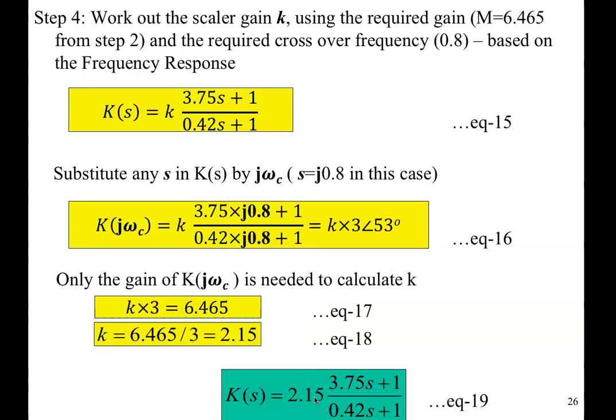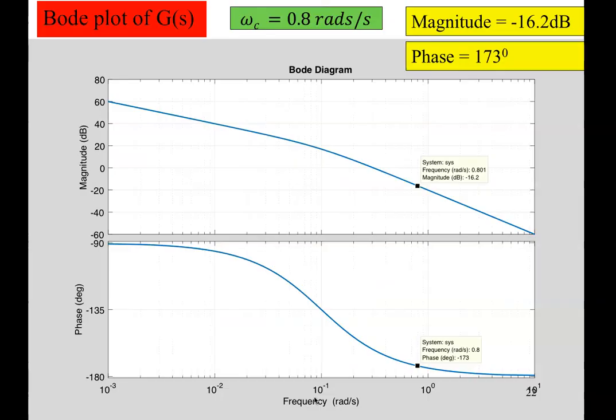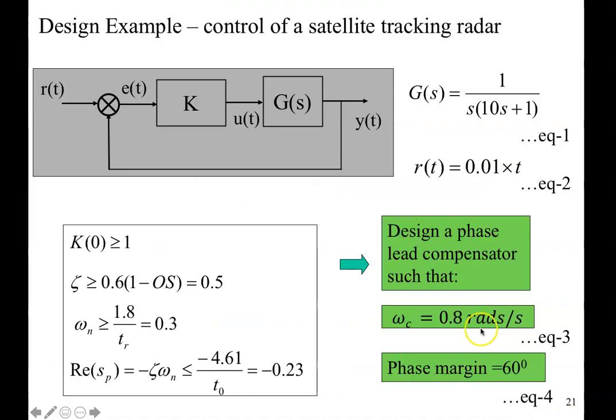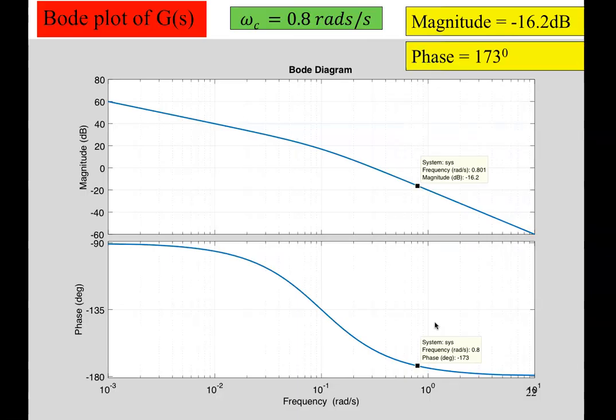That's all 3 parameters determined. Just to recap what we've done. We have a set of requirements. Actually we have only 2 requirements. We want the crossover frequency to be at 0.8. We want a phase margin of 60 degrees. So the first thing you do, step number 1, you go to the Bode plot of G(s), and you go to the design frequency, which is 0.8.